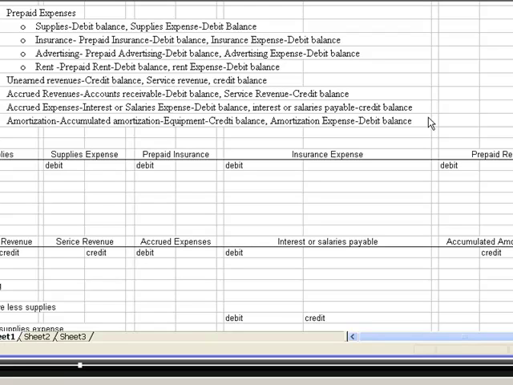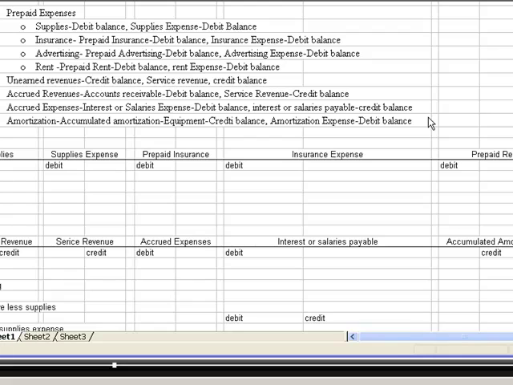An accrued revenue is revenue that we've probably been working on, but we haven't billed them yet. The opposite would be an accrued expense. We may have people working for us, and they haven't sent us a bill yet. So that's an accrued expense. Like we owe them, but we haven't accounted for the fact that we owe them.